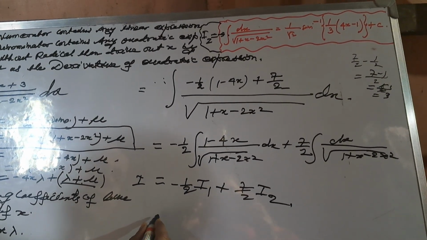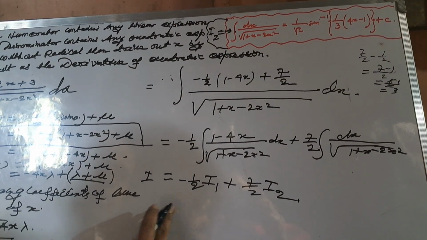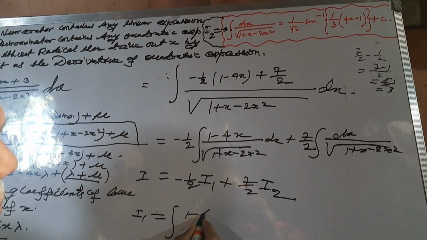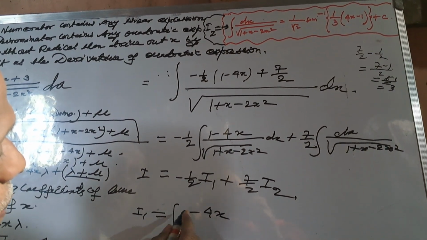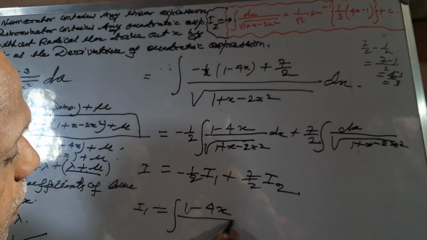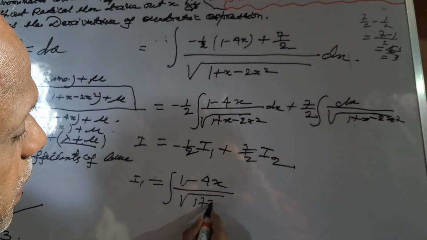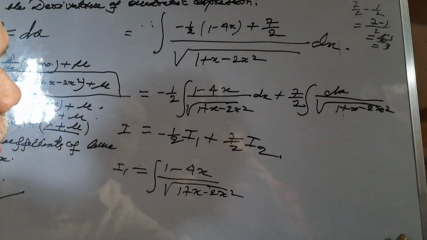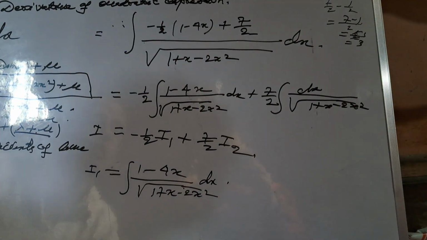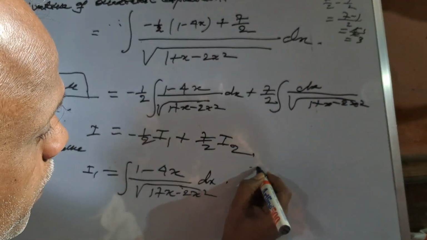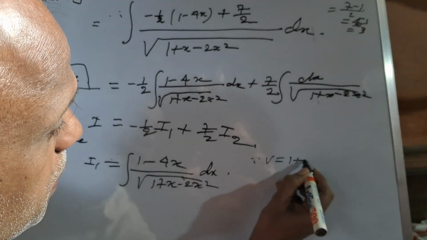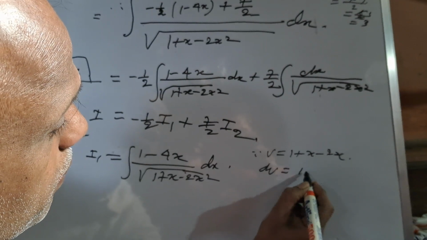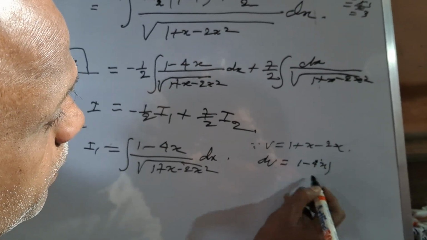So I1 I am going to evaluate here. I1 is the integral of 1 minus 4x divided by under root 1 plus x minus 2x square dx. When I put v equal to 1 plus x minus 2x square, dv is equal to 1 minus 4x dx.